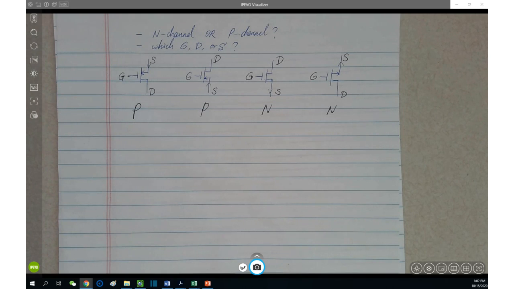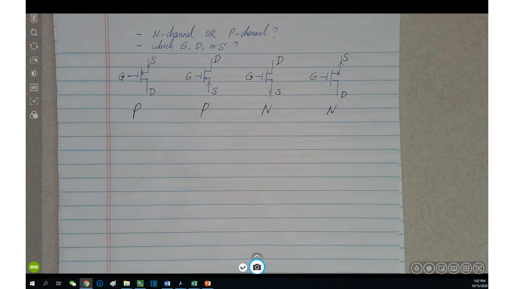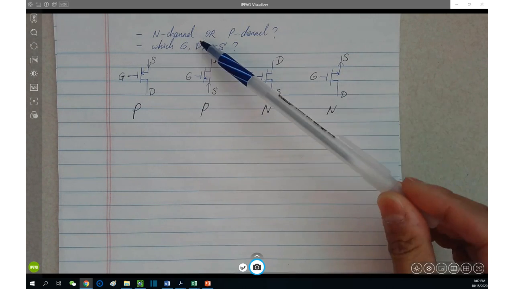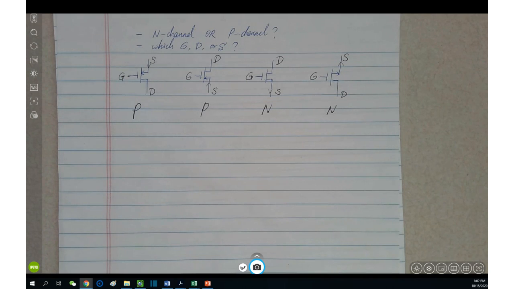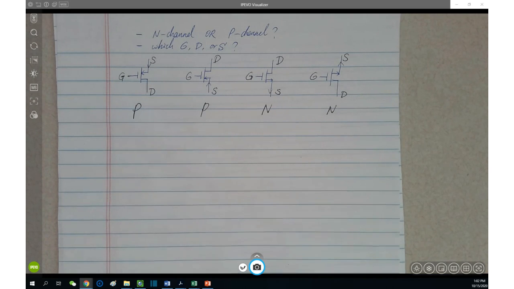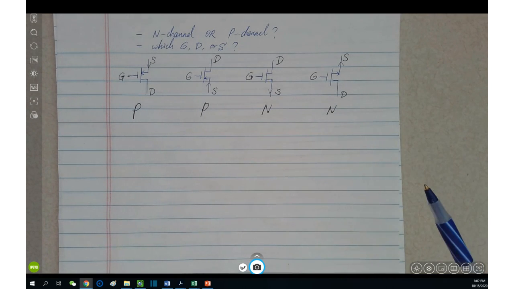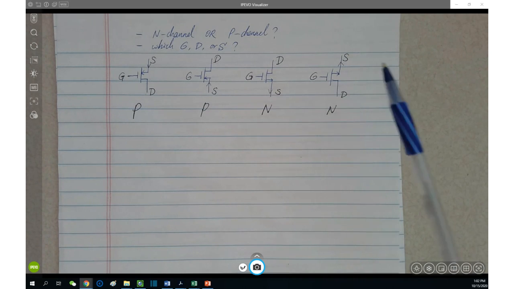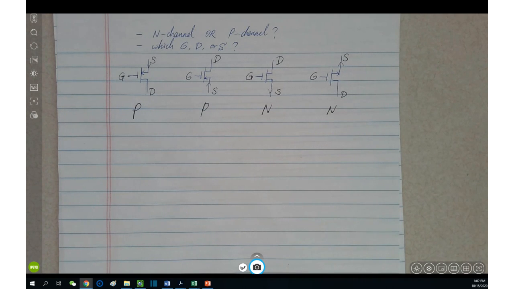And the second thing you need to identify correctly is the terminals, of course. We have gate, drain, and source, and how to identify them. First, N channel or P channel means you're looking at the arrow direction. N channel means your arrow is from the gate pointing towards the source. Otherwise, it's a P channel.